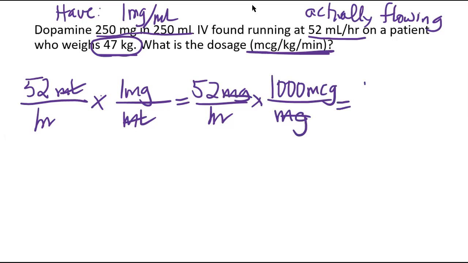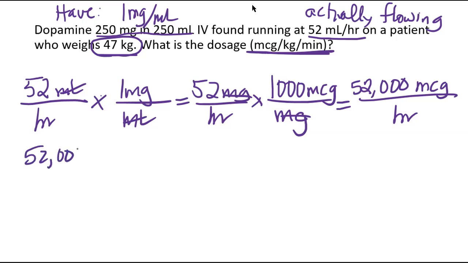We're actually giving 52,000 micrograms per hour. Okay, we still have to get to minutes, but we're here. So we're going to take 52,000 micrograms, and we want to know how many micrograms per kilogram, right? So we're going to take that number up here and divide 52,000 by 47 kilograms. And that's going to get us what number? Let's see.